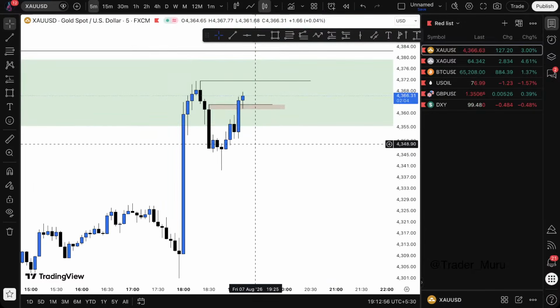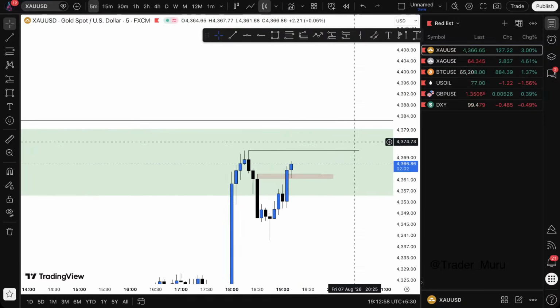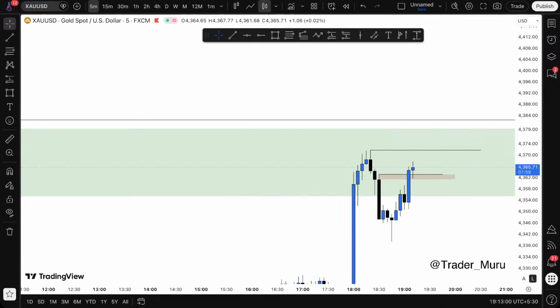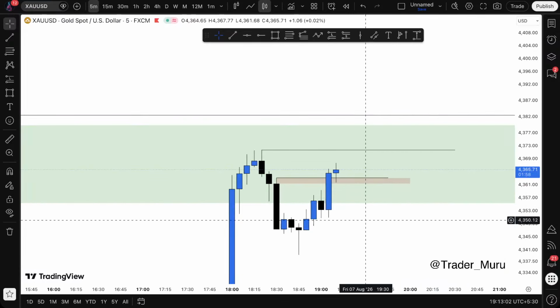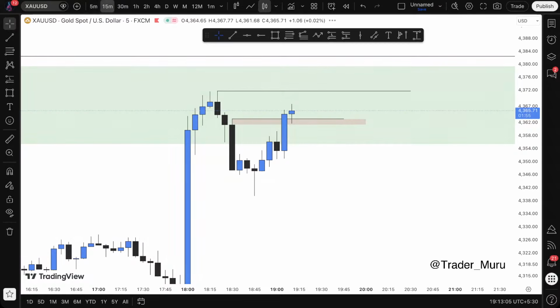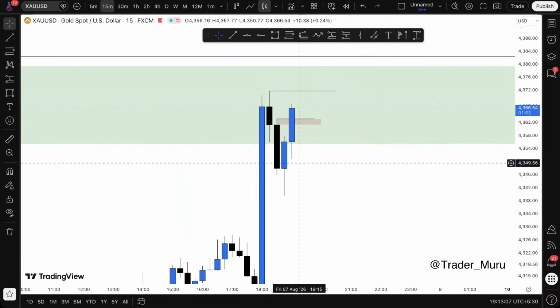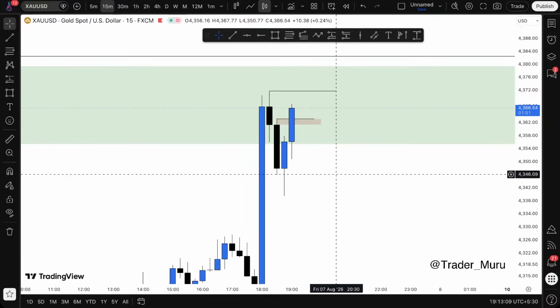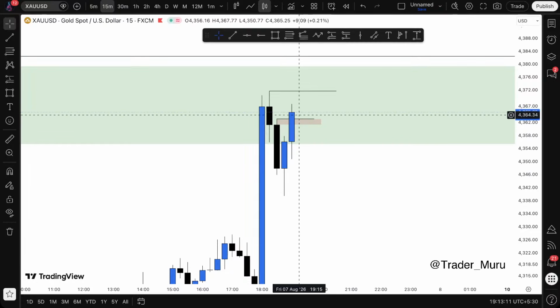We get a 15-minute close above, I guess. Let's wait. We still have 2 minutes to close this candle. If we get candle closing above, we will not short here. We will wait for 82 sweep.